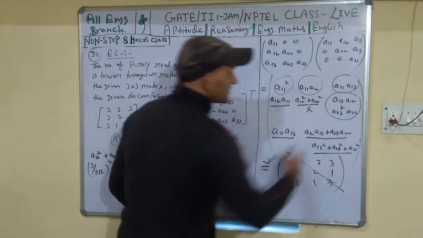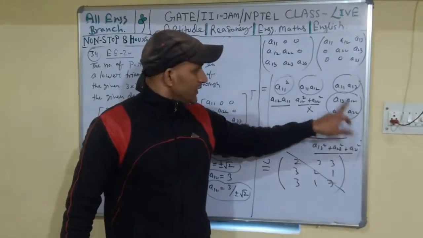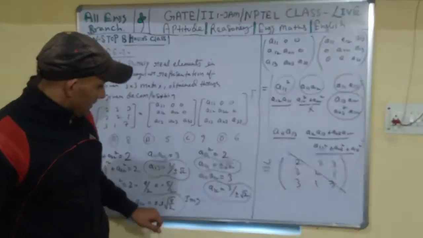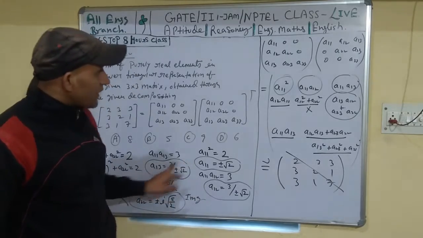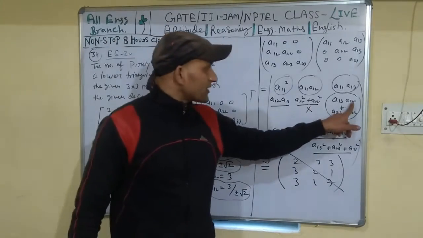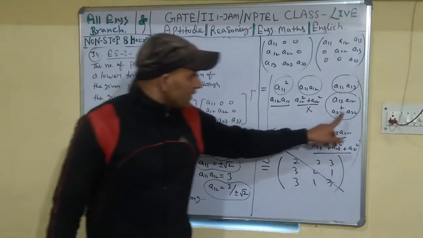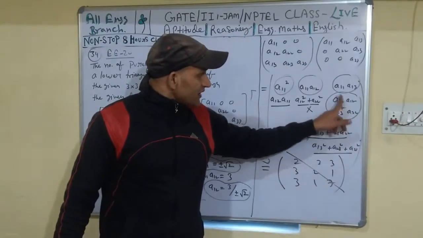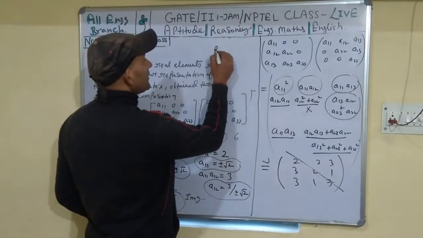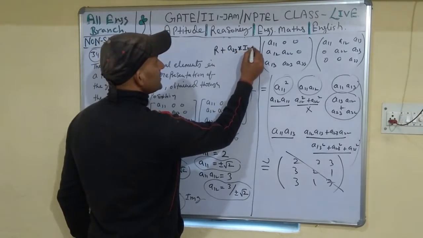Now you can also use your mind. This is imaginary. What about A23? A13 is real, A12 is also real, and real plus real is real. So we have to find A23. A22 is imaginary and the other is real. So real plus A23 times imaginary is equal to the third value.